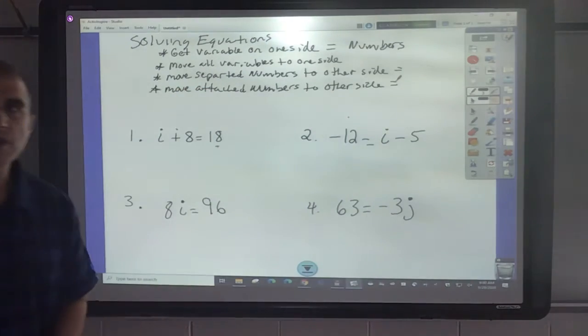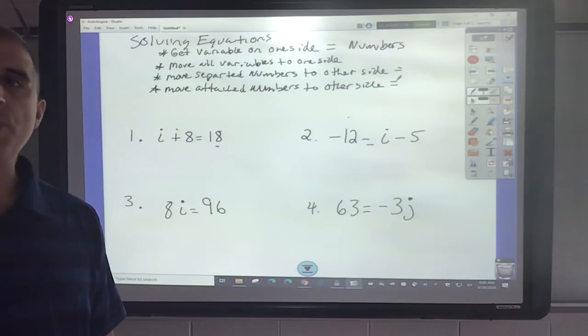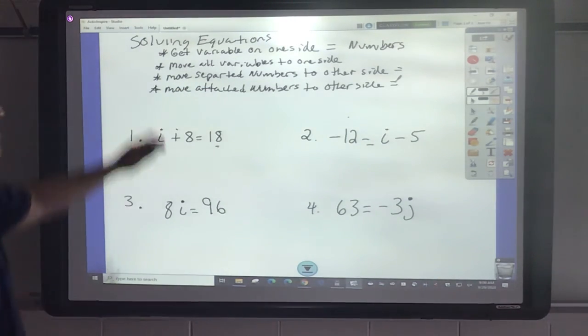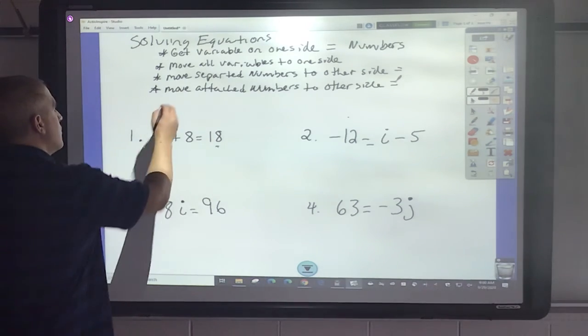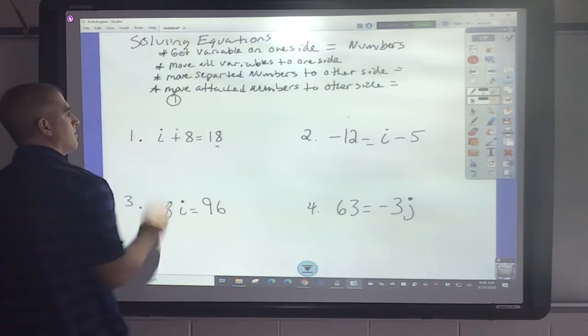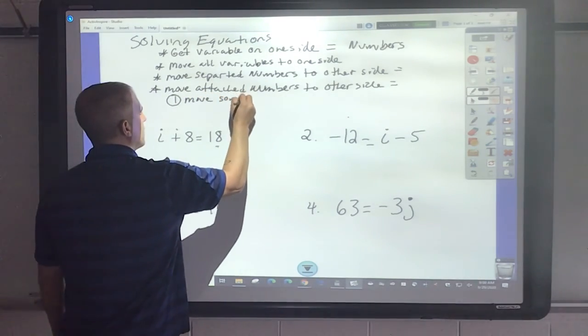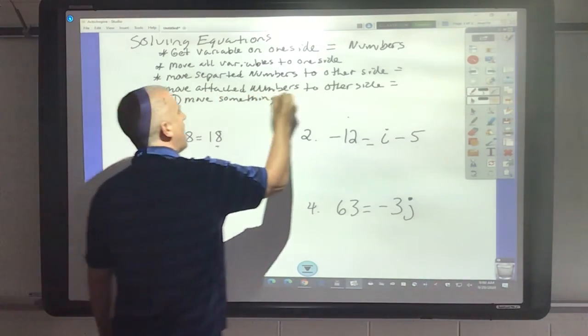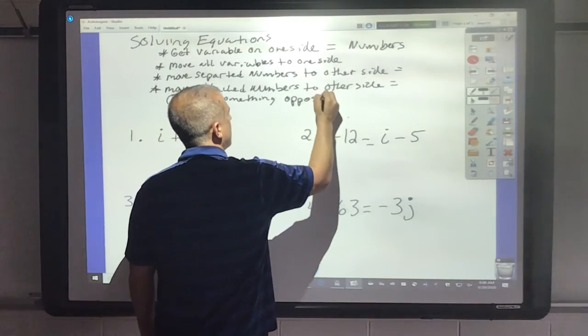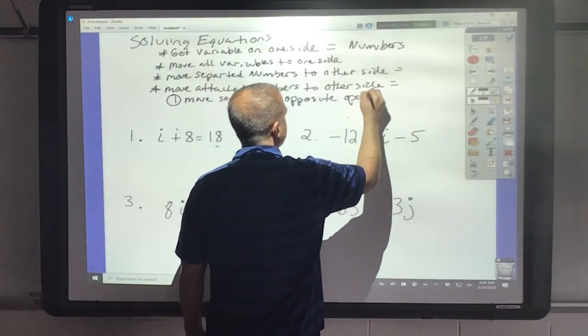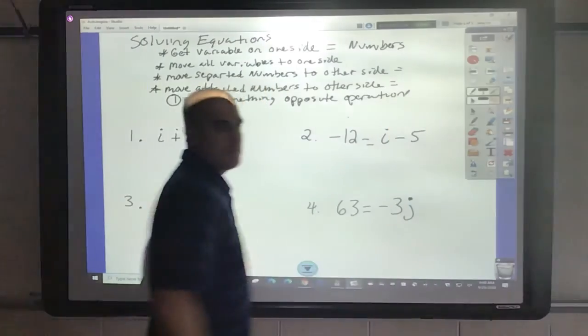Now, in order to do that, we have to follow two rules. That's the process. There are two rules we have to follow. When we move something, we use the opposite operation. That's important.